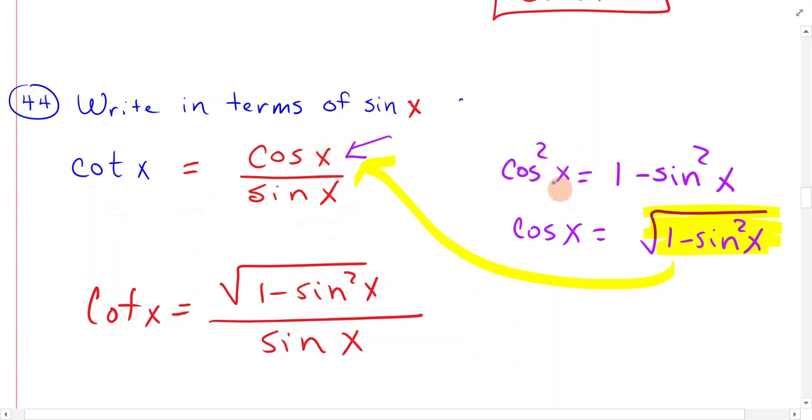Well, remember where I said you could write cosine squared x equals 1 minus sine squared x, and then take the square root of both sides. So this is the same as cosine x. So your final answer would be square root of 1 minus sine squared x over sine x. That would be the same as cotan, but in terms of sine.